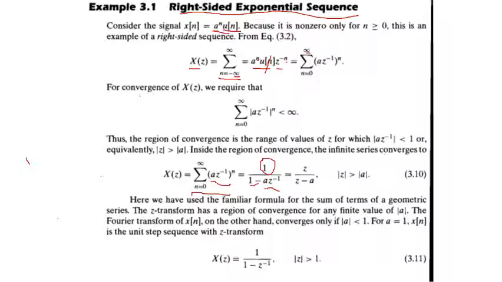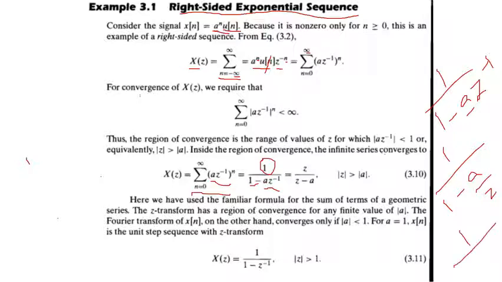Okay. So if you simplify it, 1 divided by 1 minus a z inverse, this is your pole value. Or we can simply simplify it, a divided by z, z minus a divided by z, or z divided by z minus a.